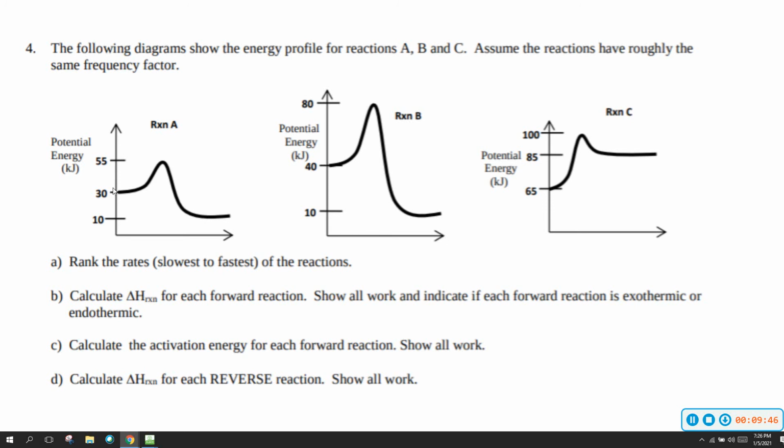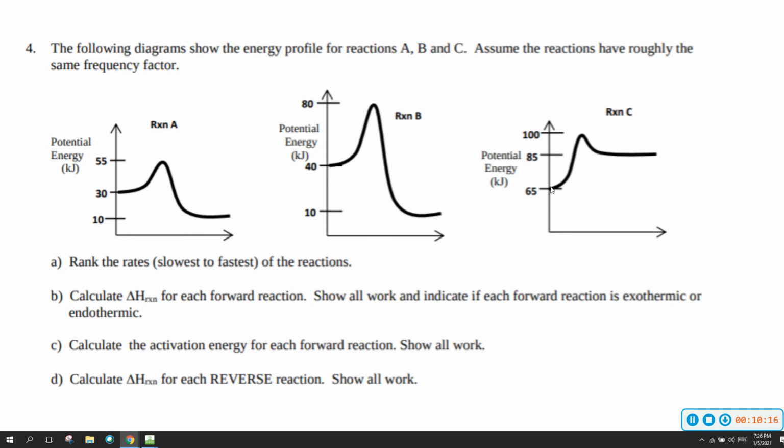So forward reaction means going from the y-axis where it starts right here and then all the way until it gets to the end. And the activation energy then would be from here to the top of the hill. And so we can see for A, it goes from 30 to 55, and so that would be 25 kilojoules of energy for the activation energy for letter A. And then for letter B, we'd go from 40 up to 80, so that would be 40.